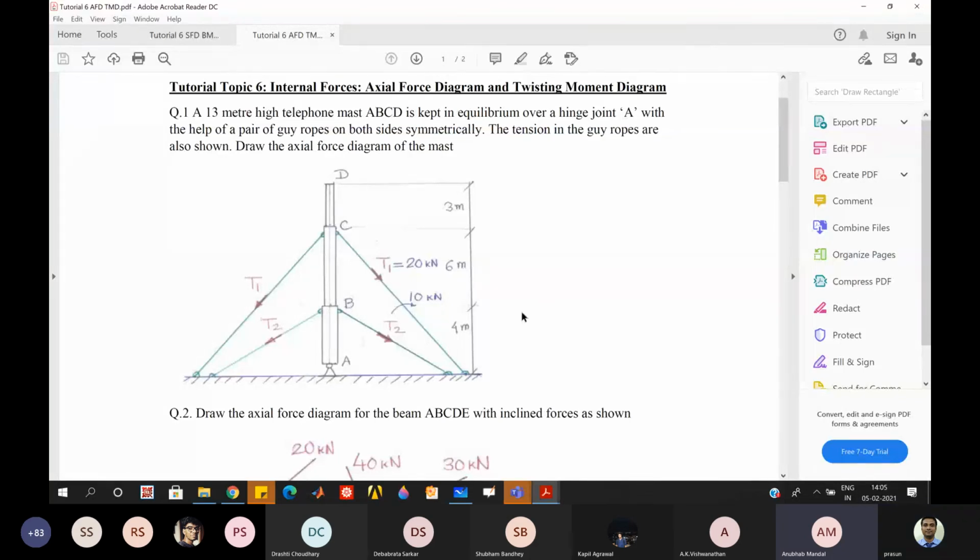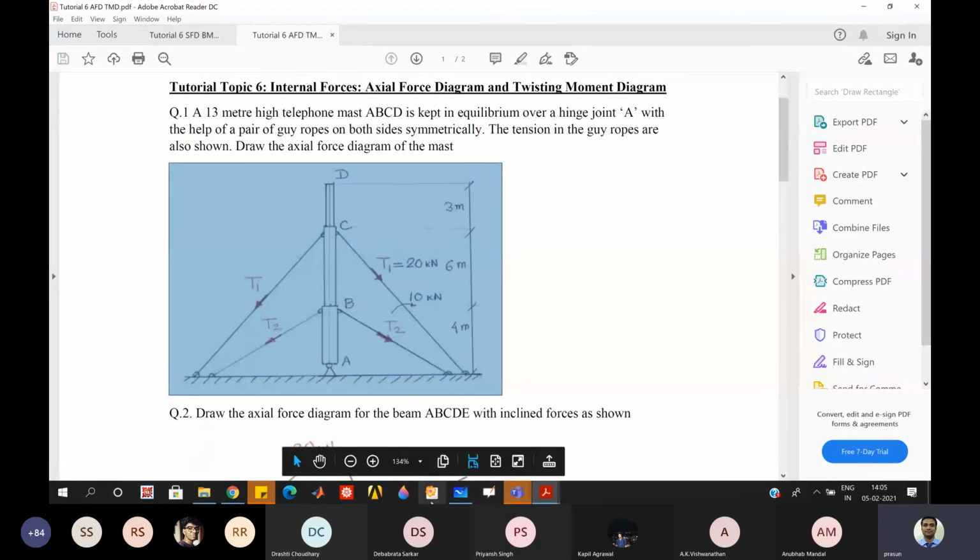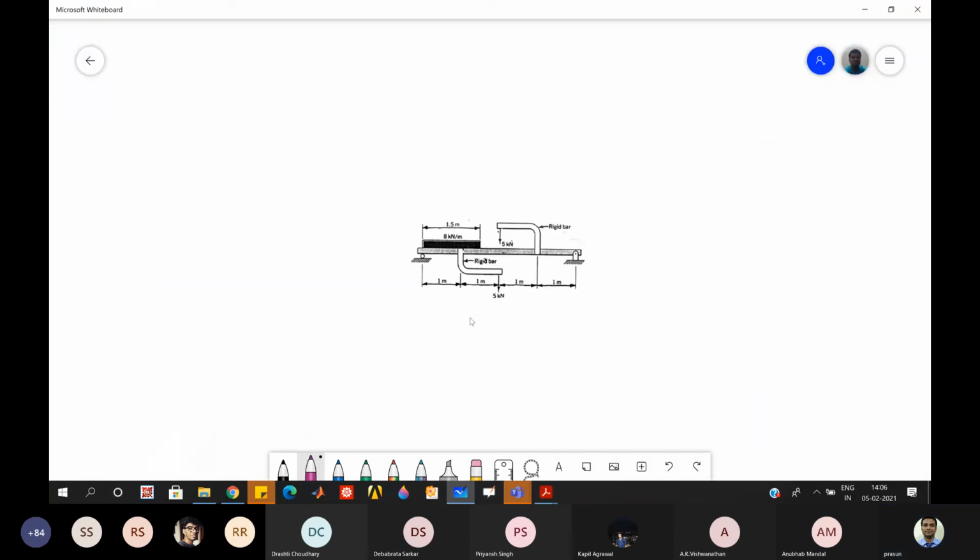Yes, that's correct. So actually, this angle at C is 45 degree, and at B it is 60 degree. So you have to consider that there was a missing data in this particular problem.